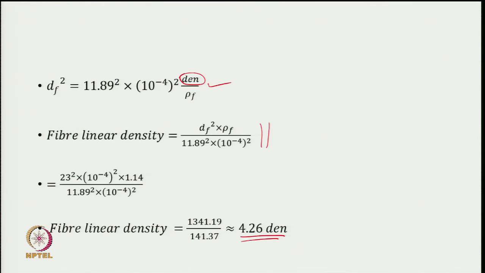That means, in this case we need to use a fiber denier of 4.26. So, we have to make use of the relationships that have been developed by different authors. Sometimes they may not be available readily in textbooks, we may have to consult some research papers and make use of them.